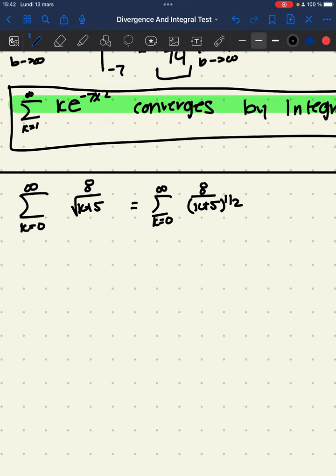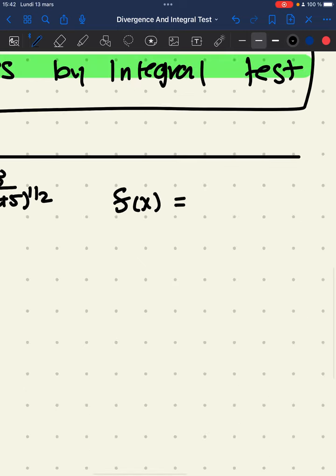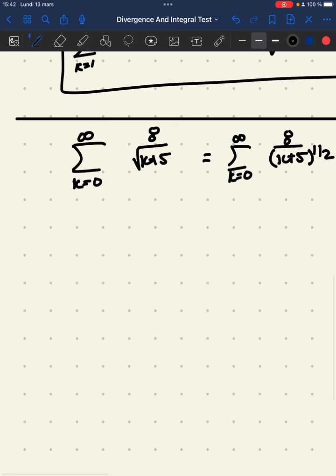Okay, now remember, we can make our series mimic a function. Therefore, x would be basically mimicking k. Now let's write down the requirements. Is it positive? Is it continuous?